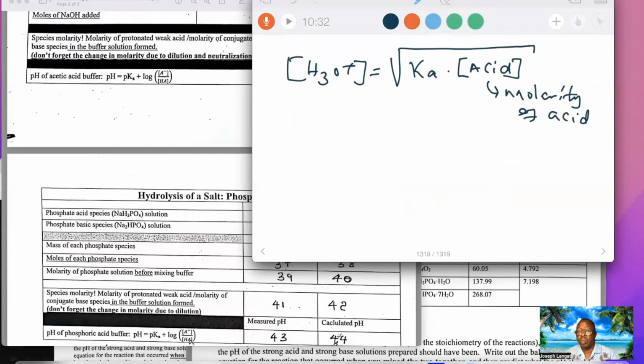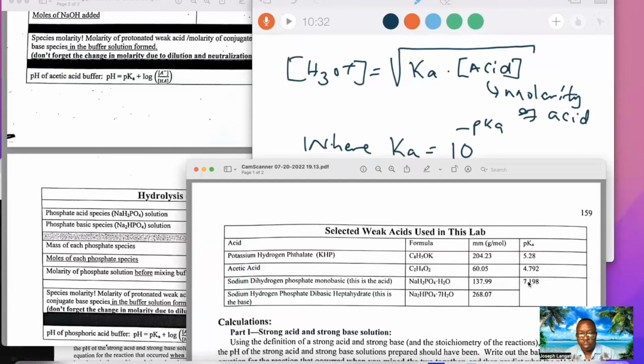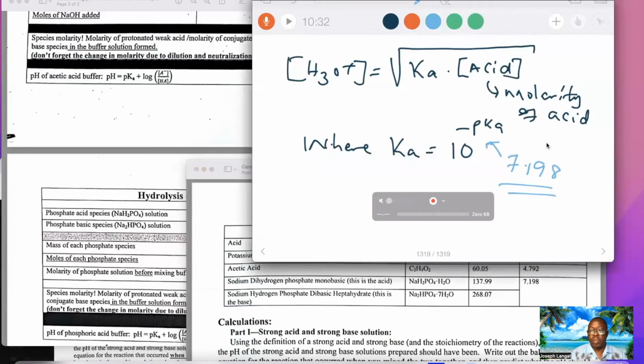Ka is given by 10 raised to negative pKa, and pKa, we are going to use 7.198. And you get yourself the Ka value.